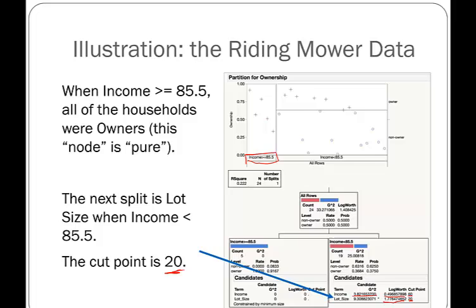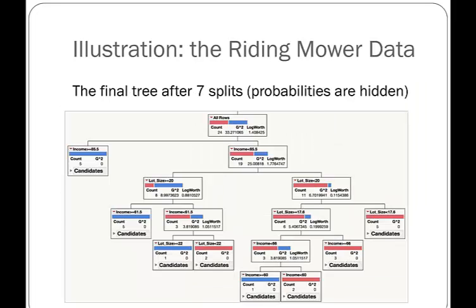We can continue to do this, and when we do that, we see after 7 splits that we have this decision tree. So the first split was on income being less than 85.5 or greater than 85.5.